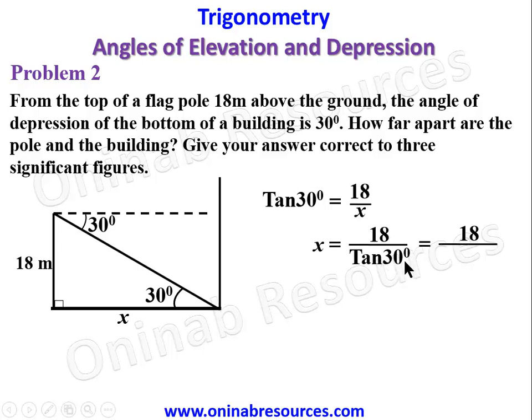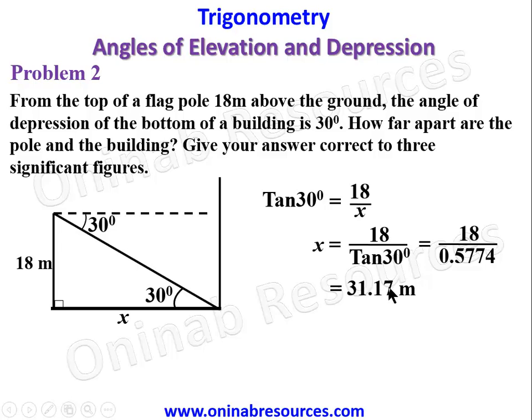So we check our table or press our calculator. We have it at 0.5774. Simplifying this, we have x equal to 31.17 meters, and since we are to give our answer correct to 3 significant figures, 1, 2, 3, the first 3 significant figures are 31.1.